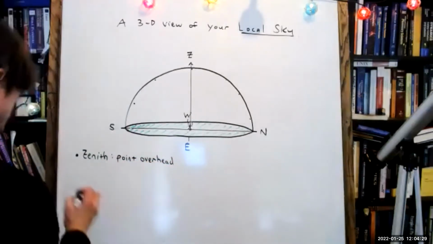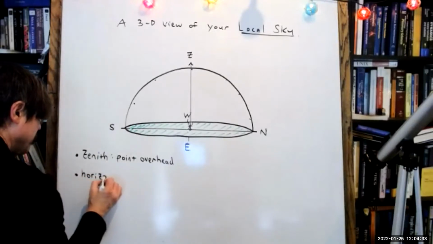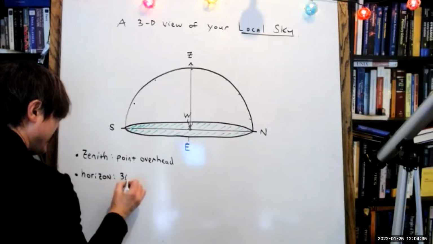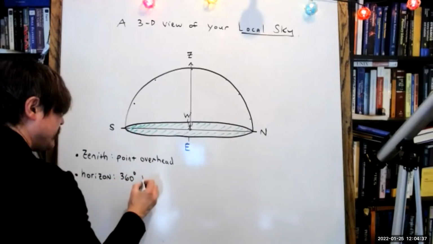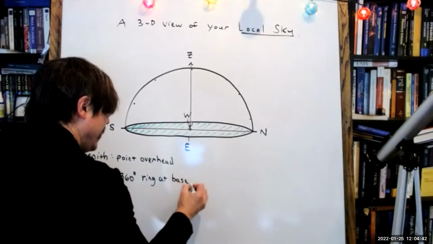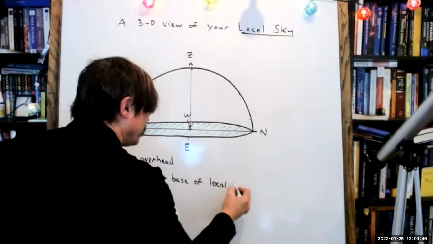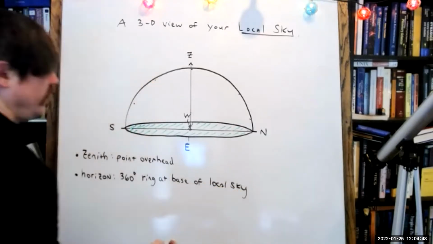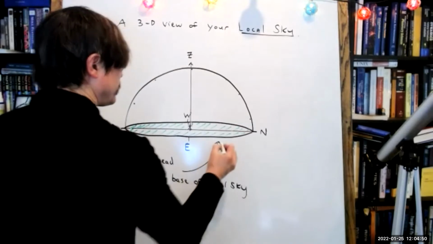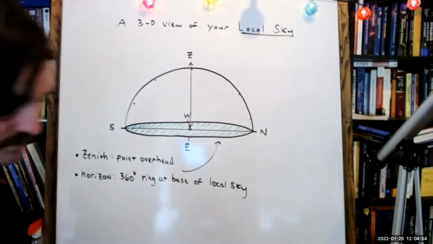Next, we will define a term called the horizon. The horizon is a 360-degree ring at the base of your local sky. In other words, this oval that we drew in, that's your horizon ring.